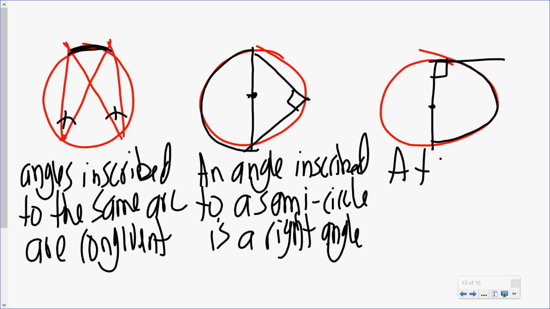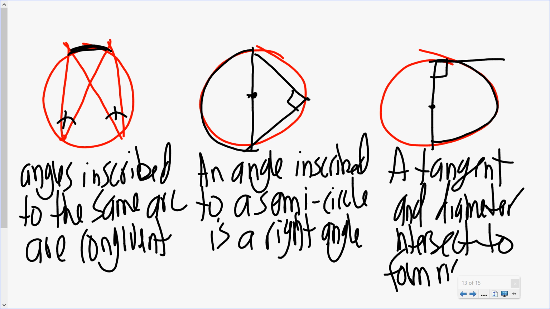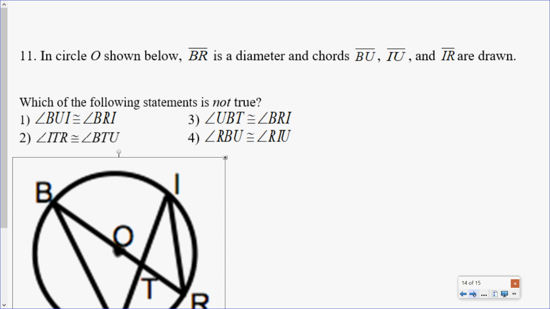So a tangent and diameter intersect to form right angles. So these are your big three rules, and they're all about inscribed angles. For all three of these angles, you're looking on the circle, on the circle, on the circle. And by the way, in case you're wondering, same thing here. These are congruent because they both intercept this arc. So again, you're always looking on the circle, so that's something that's definitely going to help you.